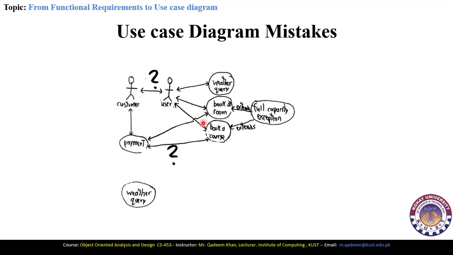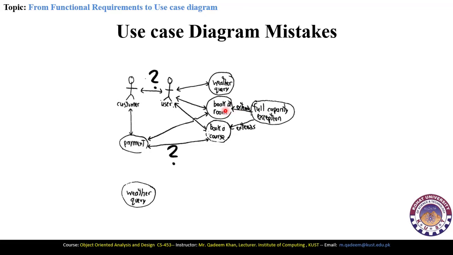Can you tell me what sort of mistakes or problems there are with this use case diagram? So this is the customer, this is payment, this is user. Here you can see that there are 4 different use cases: book a course, similarly book a room, and here full capacity exceptions, right?